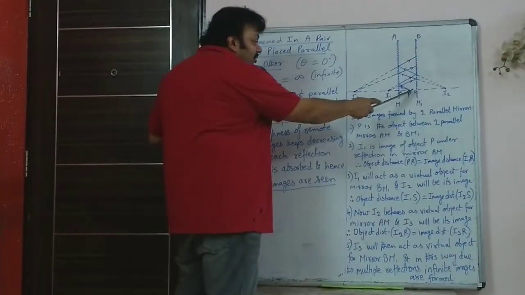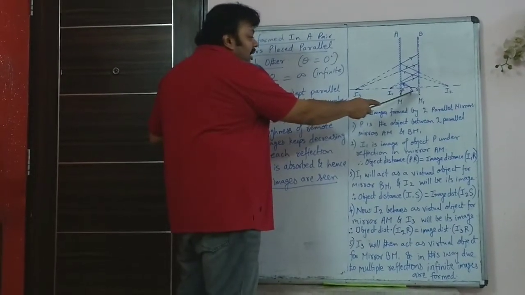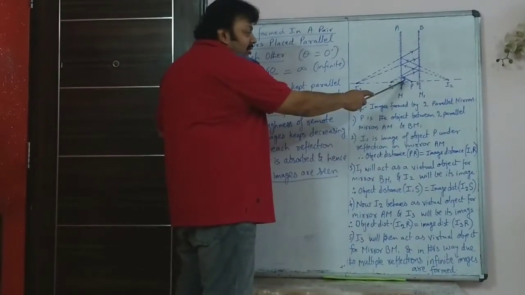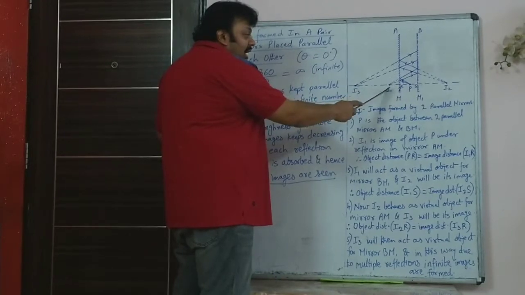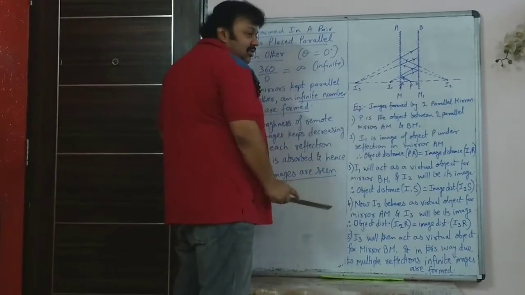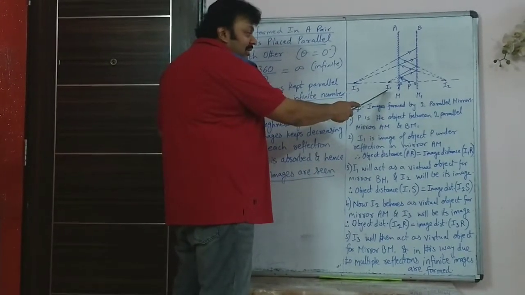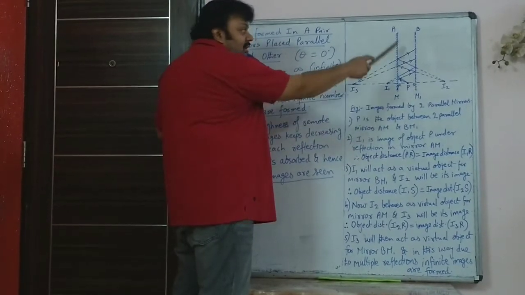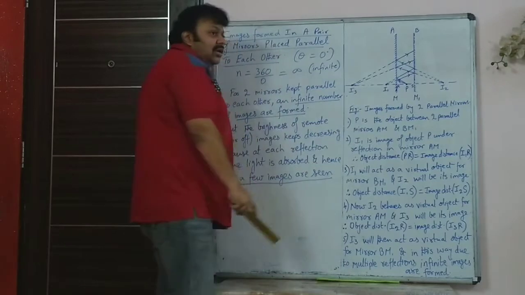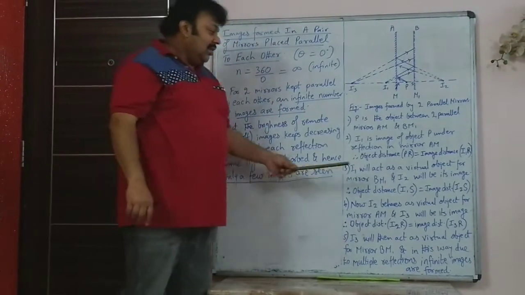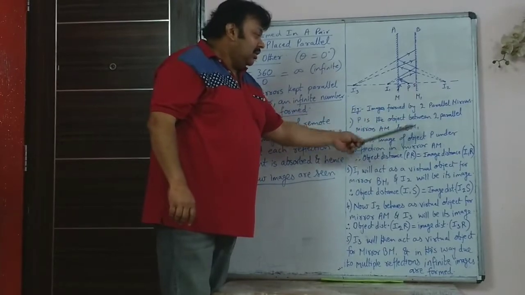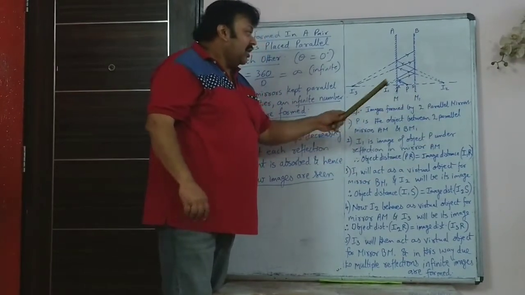The object distance is PR, P to R. On the other side of that mirror, I1R will be the same distance. So I1 will be the image of the object P under reflection in the mirror AM. So the object distance PR is equal to the image distance I1R.